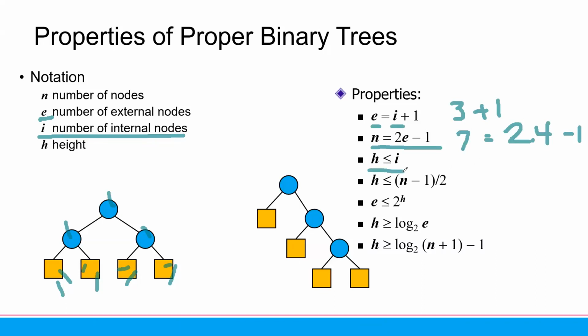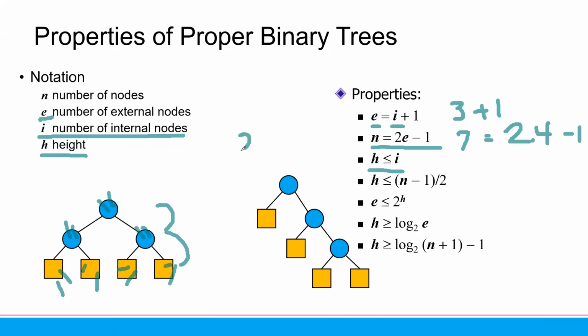h is less than or equal to i. h is the height. What is the height here? 1, 2. What is i? The internal nodes. We have 1, 2, 3.